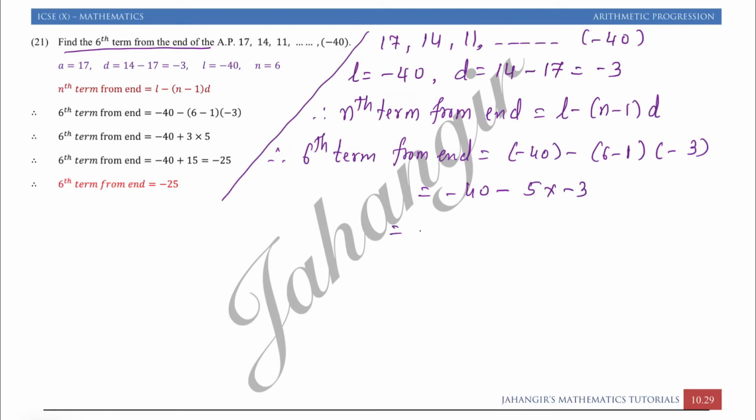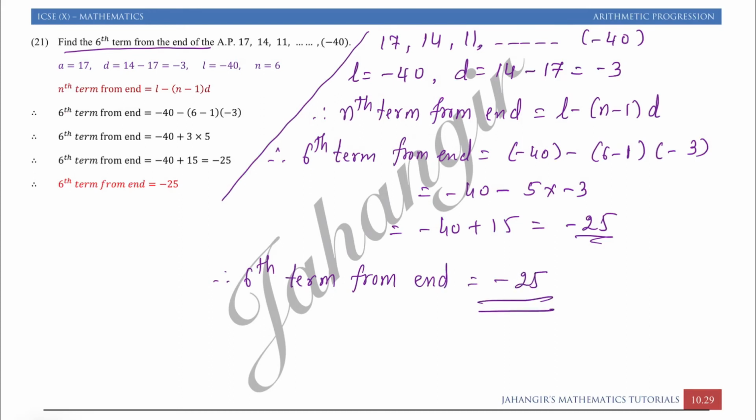So that is equal to minus 40 plus 15, which is equal to minus 25. So if you go from minus 40 to the 6th term from the last term, we will get minus 25 as the 6th term. So therefore I can write the 6th term from the end is equal to minus 25.